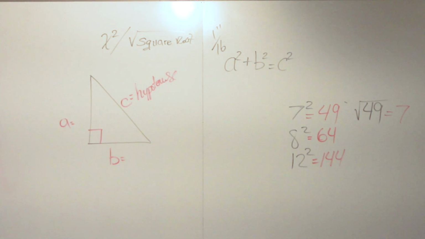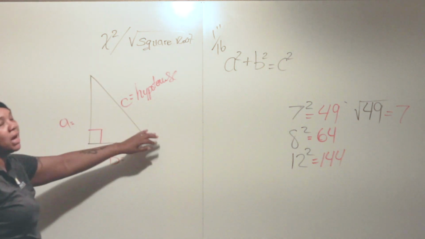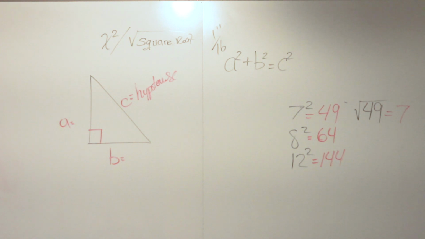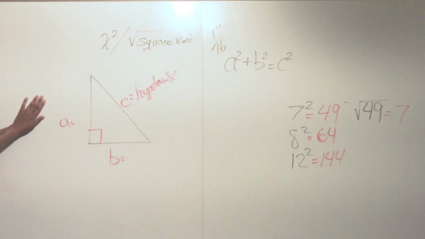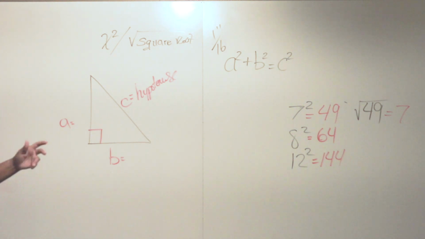We will always be looking for the hypotenuse. We will not be looking for side A or side B, so you don't have to worry about that because it's not on the final. That's not my focus. My focus is what's on this final. Again, the hypotenuse is the longest side, so your answer should never, ever be shorter than side A or B. A meaning adjacent, B, base, anything to keep it simple.